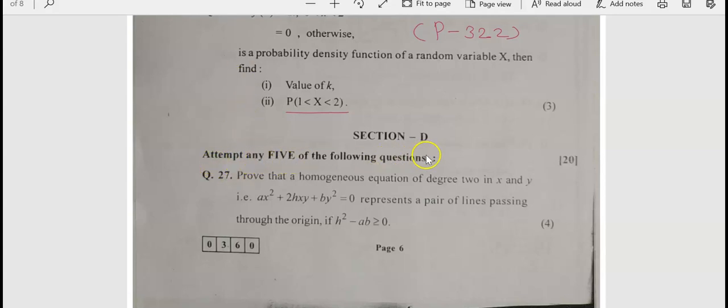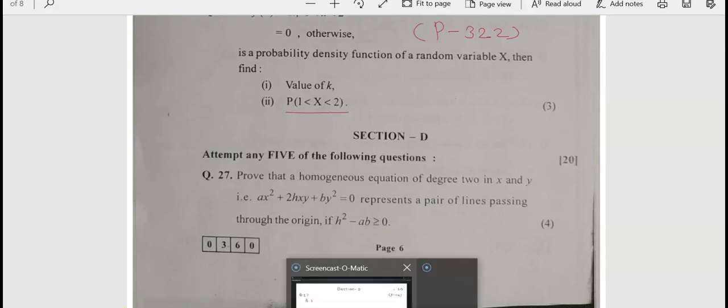Attempt any 5 of the following questions. Prove that a homogeneous equation of degree 2 in x and y, that is ax square plus 2hxy plus by square is equal to 0, represents a pair of lines passing through the origin if h square minus ab is greater than or equal to 0.